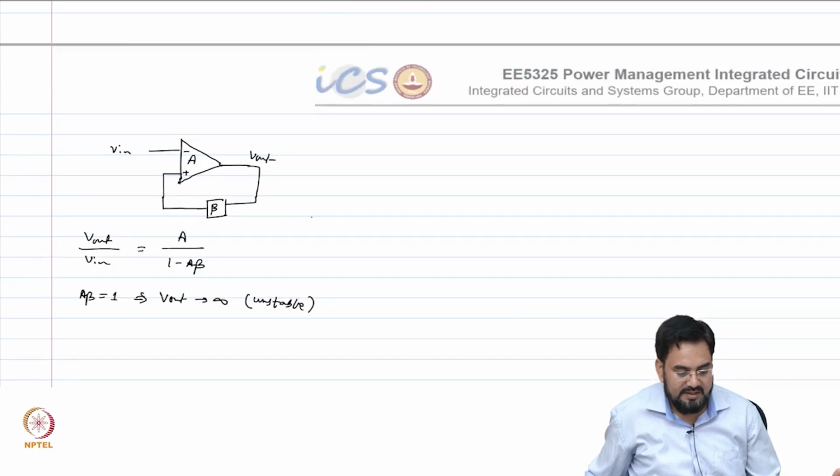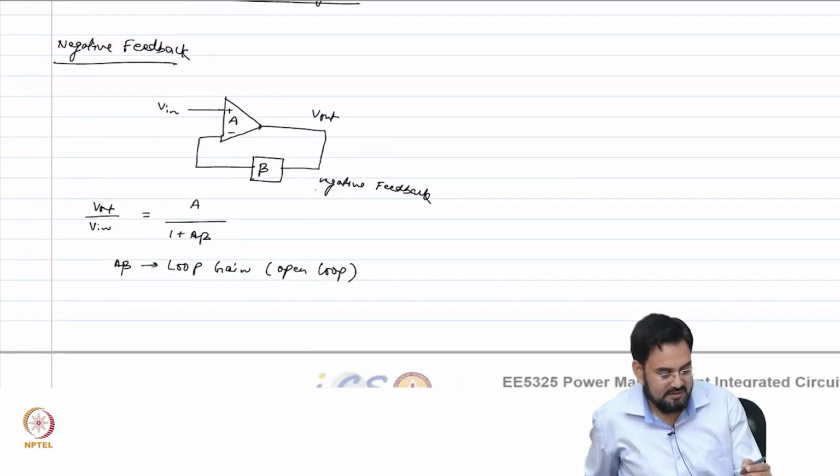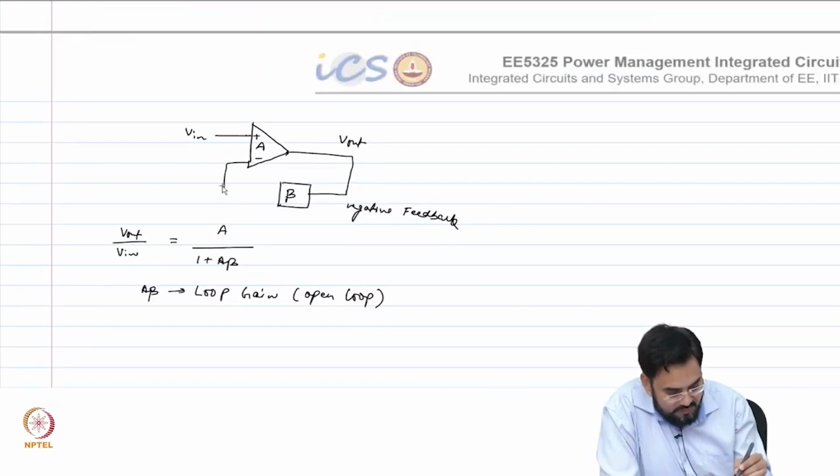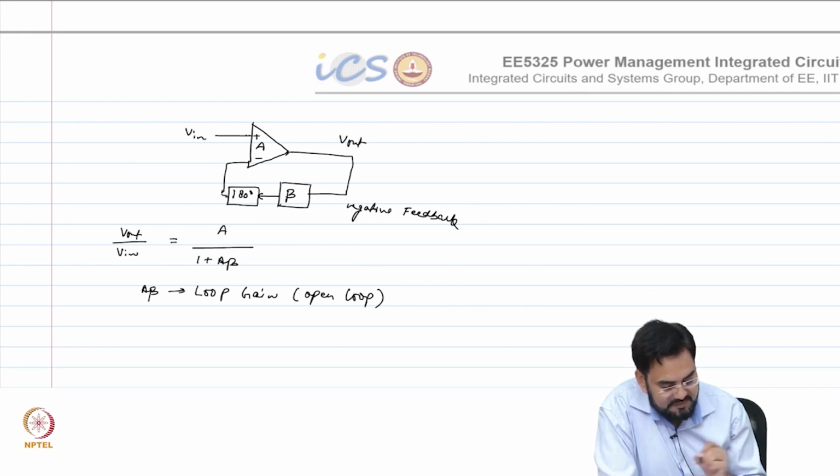So now take this negative feedback again. (180° phase shift).